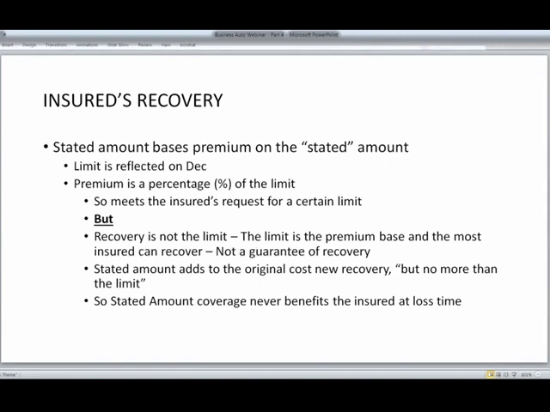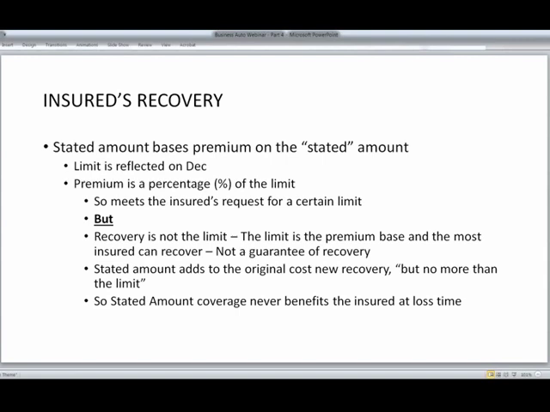Stated amount adds one other factor to the original cost new settlement: no more than the limit. When an adjuster looks at it, they determine the ACV, what the unit is worth, what it's going to cost to repair or replace. If the premium base is original cost new, whatever that amount is, the loss less the deductible is paid.